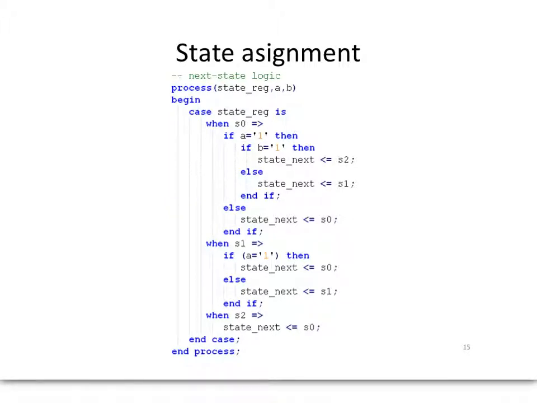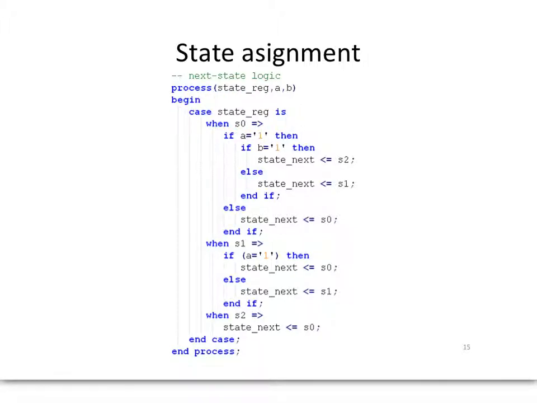So here is shown our next state logic, and again, as you recall from the figure on the previous page, the next state logic is what determines our state next variable or signal, and it determines the next state based upon what state we are currently in.